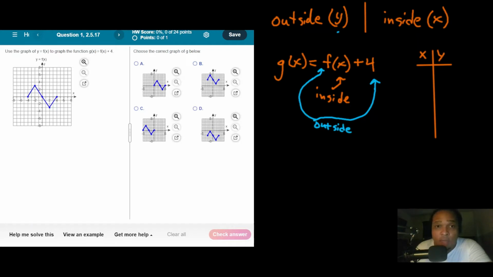From your f of x graph, the original function, go ahead and pick a few points. You can see we have -4, 0. That's a solid point. We also have -2, 3. We have 0, 0 right there in the middle.